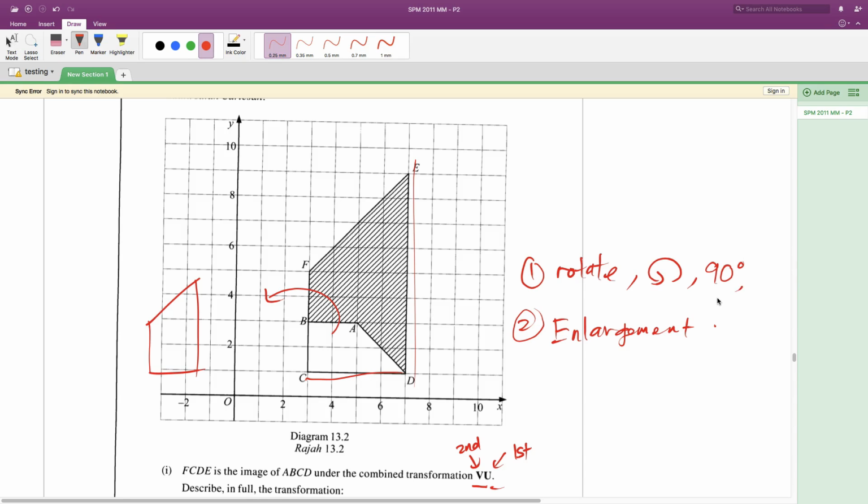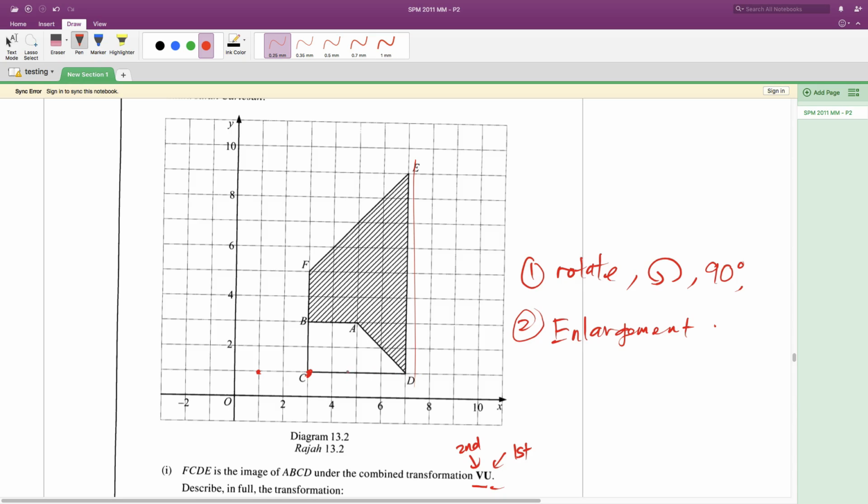Okay, and then one more thing you need to state is the center point. Where will the center point be? It depends how you want to do it. If I say the center point is C, then I have to imagine B, if rotated 90 degrees anti-clockwise on C, B actually will go into here.